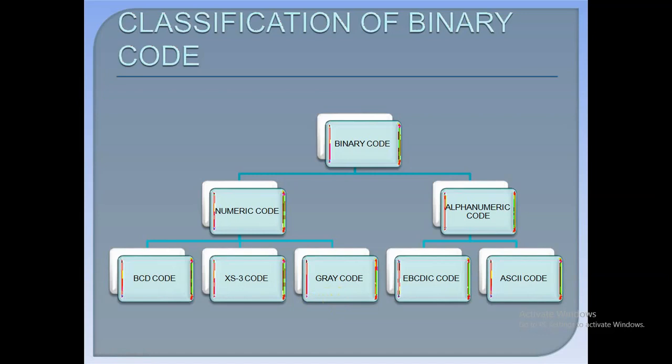Next, about the alphanumeric code. The binary digit or bit can represent only two symbols. It has only two states, 0 or 1. But this is not enough for communication between computers, because there we need many more symbols.